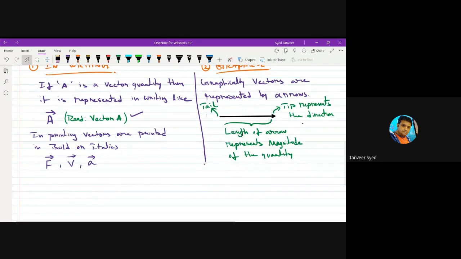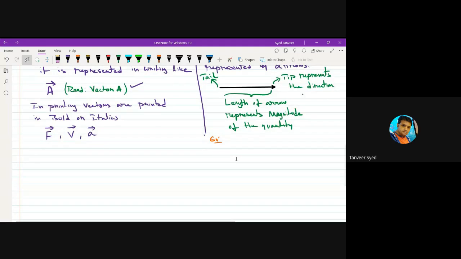For example, I want to show a displacement of 2 meters. So for that, I will draw a vector like this. This is a displacement of 2 meters in this direction towards right.